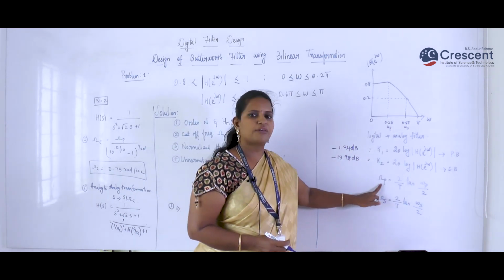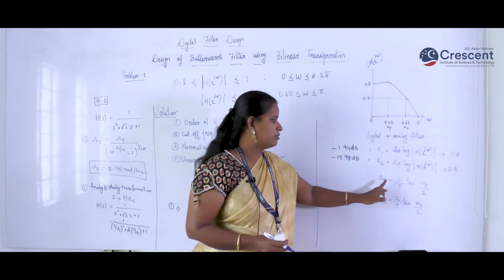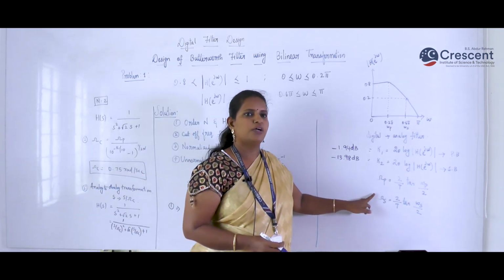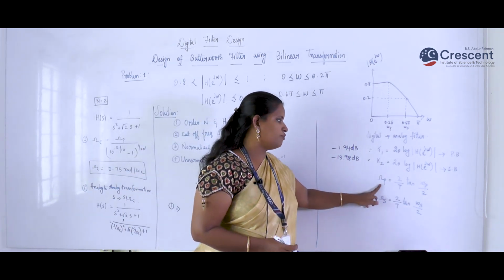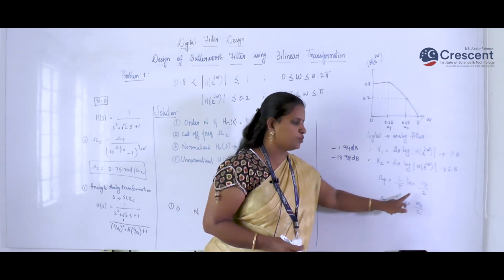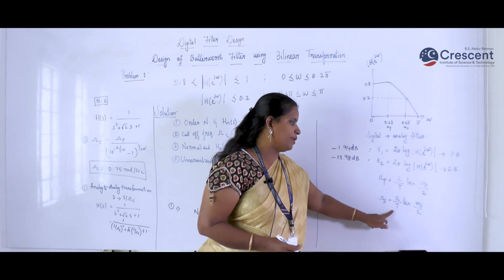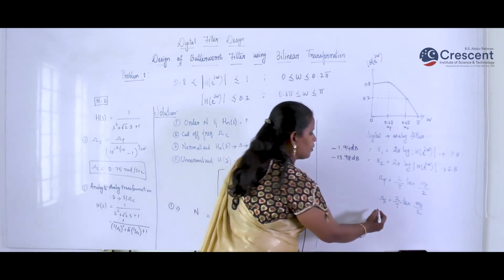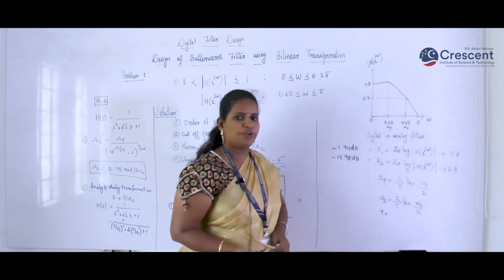Then we have to calculate the frequency for analog. Since we know all the formulas in terms of analog, we have to convert. For bilinear transformation, the formula for omega p is 2 by T tan of omega p by 2, and omega s is equal to 2 by T tan of omega s by 2. So what is T? If the problem gives the T value, we substitute it.